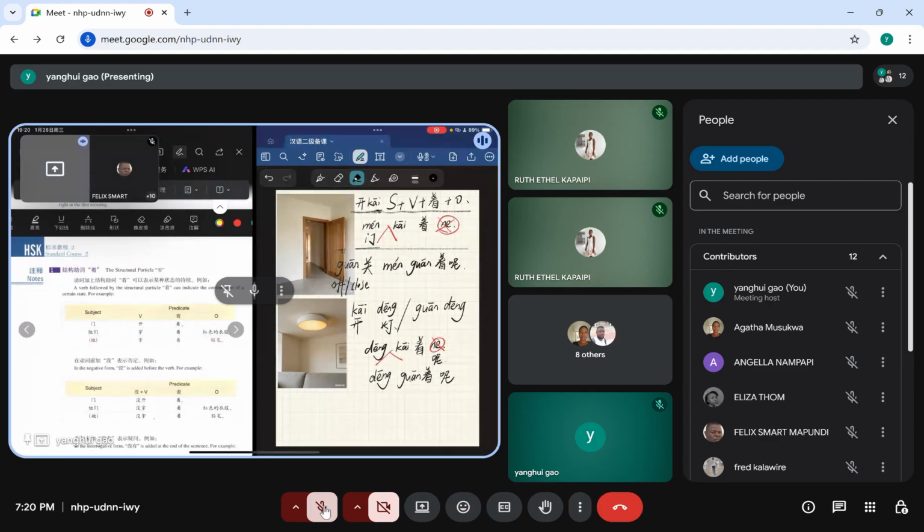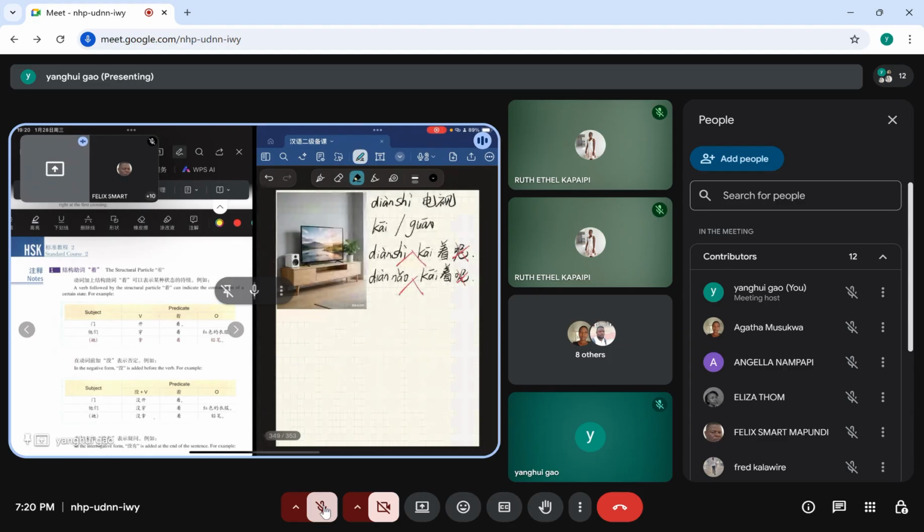Turn on the light is 开灯. And here the light is on, 灯开着呢.